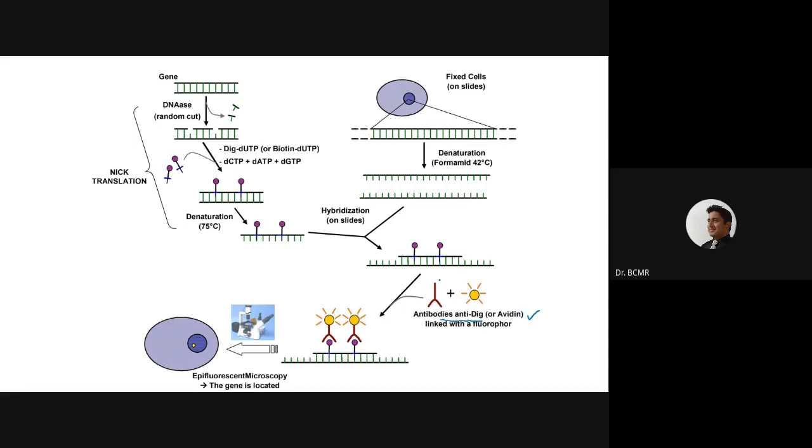Or you don't have to always have alkaline phosphatase and then add a substrate and get a colored compound. You can also have it linked to a fluorophore, so that it will directly fluoresce and you can observe it under the microscope, and then we know in which cell, in which tissue, this particular gene or RNA is being expressed. Okay.